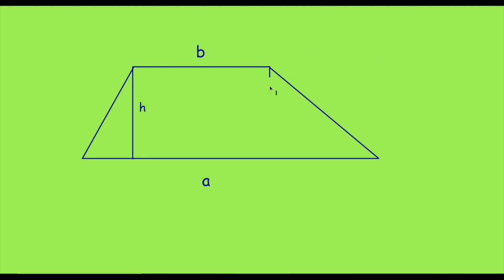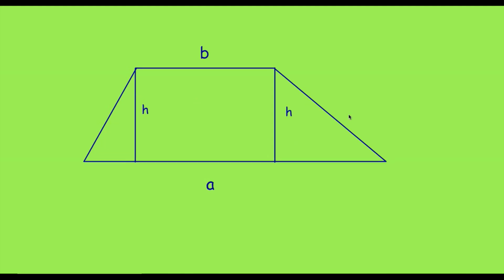Then what will be this length? Yes, this also will be equal to h. Now this trapezium is divided into three parts, that is two triangles and one rectangle. Area of this trapezium is area of these two triangles plus area of this rectangle.